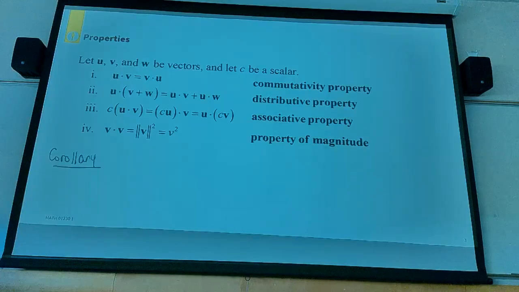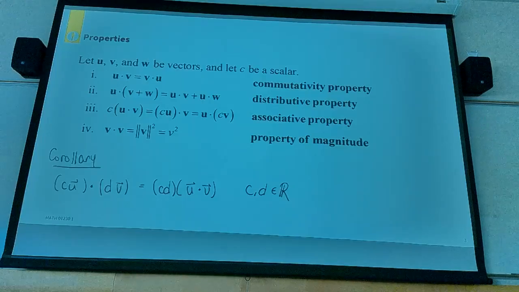As a corollary to the third property, if you take the dot product of two scalar multiples, you can multiply the two scalars together, take the dot product of the vectors, and then multiply the results.